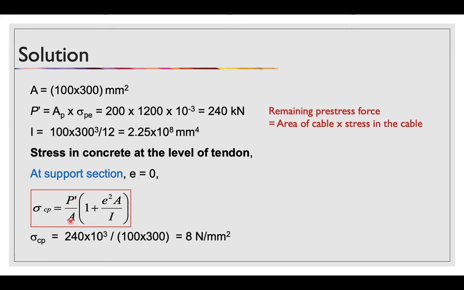P prime over A is equal to 240 times 10 to the power of 3 divided by the area of concrete, which is 100 times 300. So we end up with sigma cp, the creep stress, which is equal to 8 Newton per millimeter square.